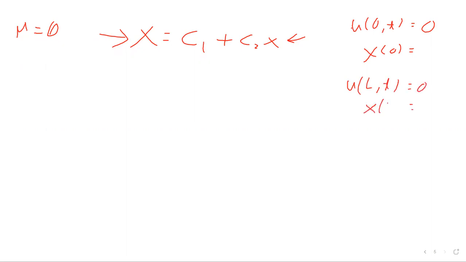That was X of L. So with these given conditions, and you can plug them in, our capital X of x is just 0. So that's going to be rather uneventful. Everything just stays at 0.